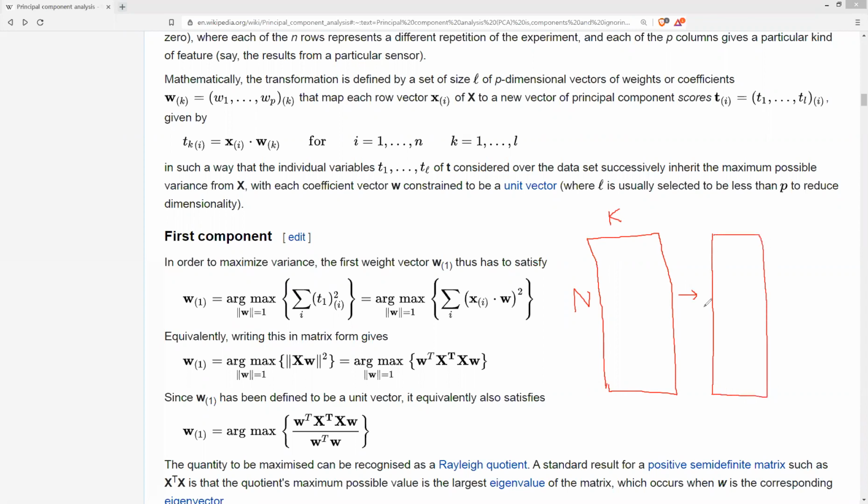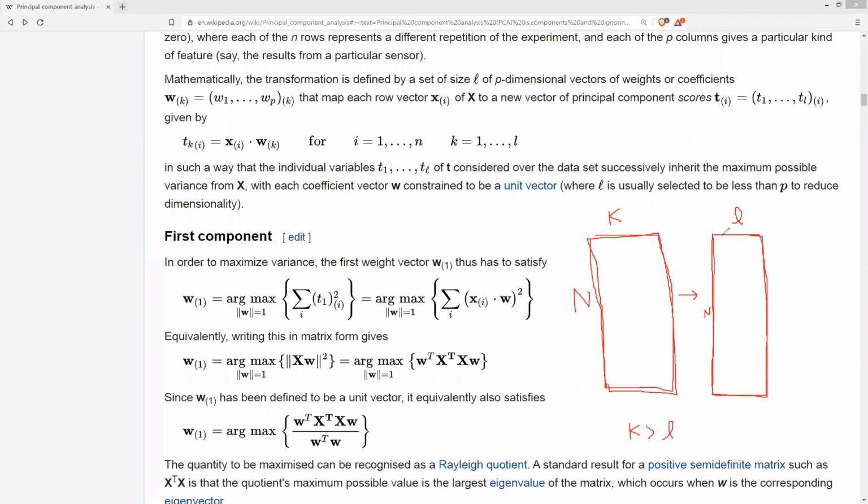We have the same length n, but now we have L, where K is greater than L. So we want to reduce the dimension of this original data from K to L dimensional data with as little loss of information as possible.